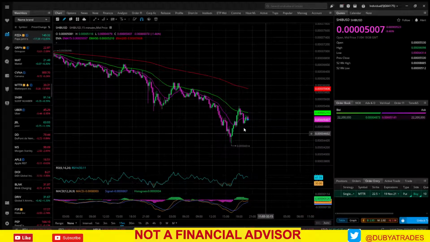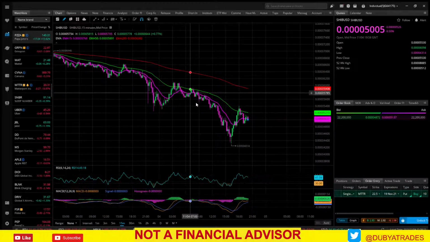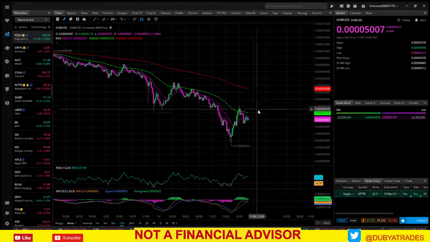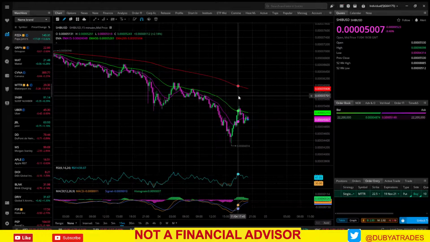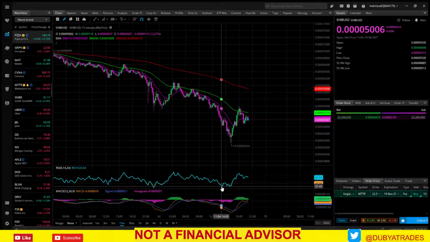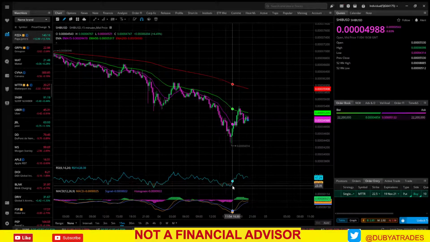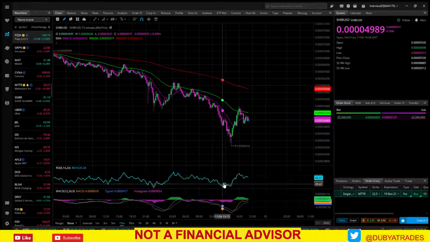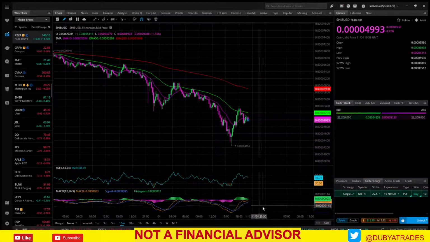What is it doing? Yeah, see, it's getting rejected by this 50. It needs a clear break of this 50 in order for it to start looking good again. There was a little bit of divergence in the RSI, but now it seems to be falling pretty good.